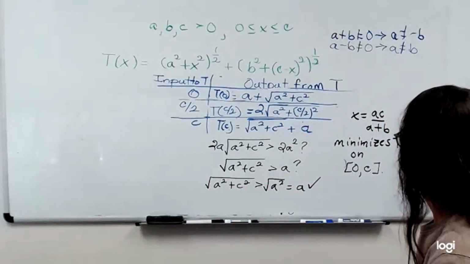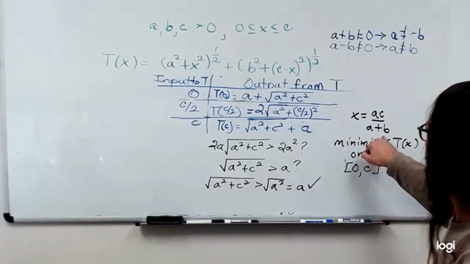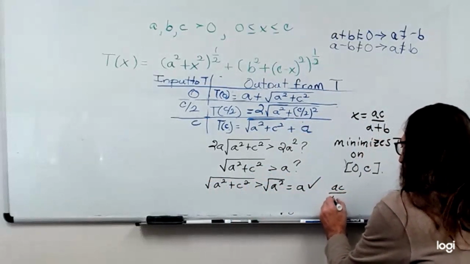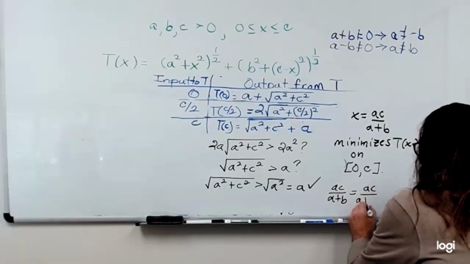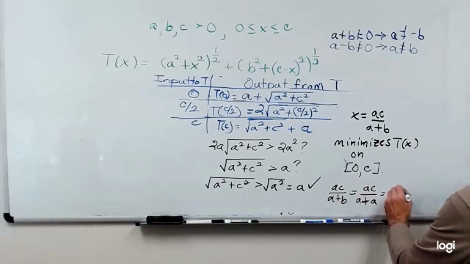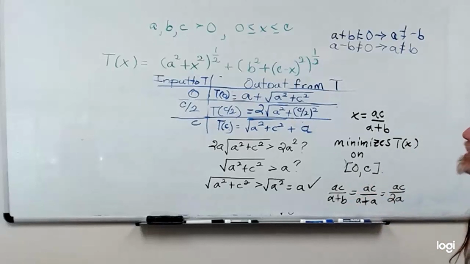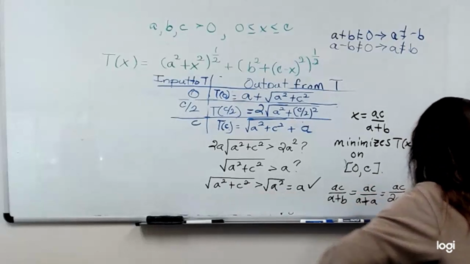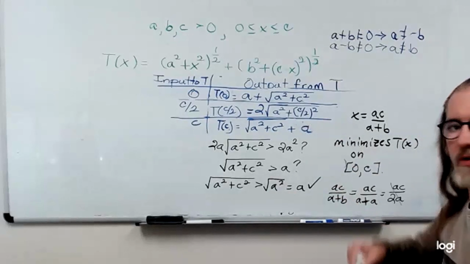Also take note that if we had put in b here as equal to a, combine those like terms in the denominator, remembering that a is strictly positive, so canceling out, we get that c over 2.